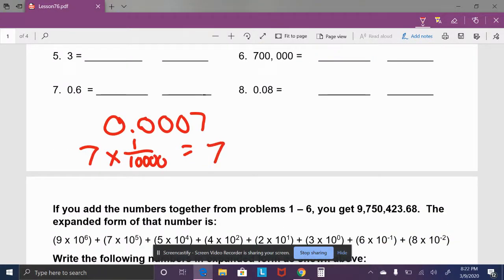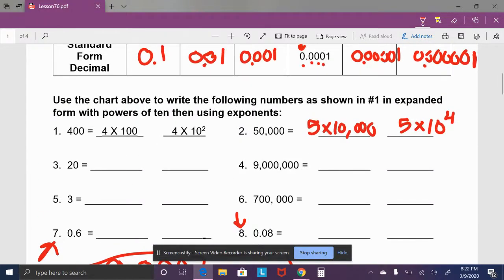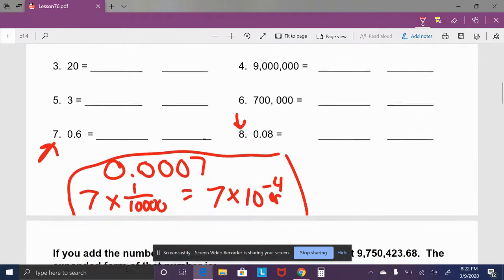It's 7 times 10 to the negative 4. So using this rule right here, you should be able to do 7 and 8. Notice when you have a small number, you have a negative exponent. When you have a big number, you have a positive exponent.